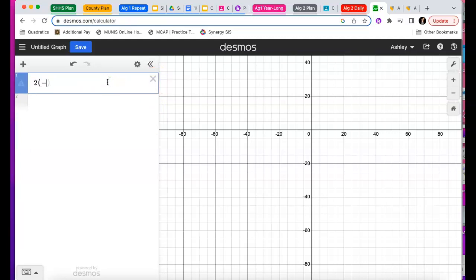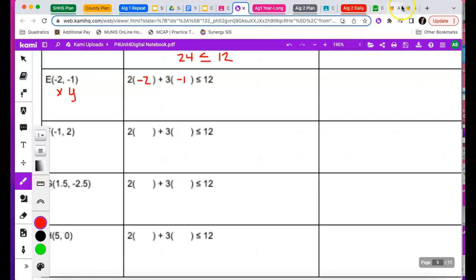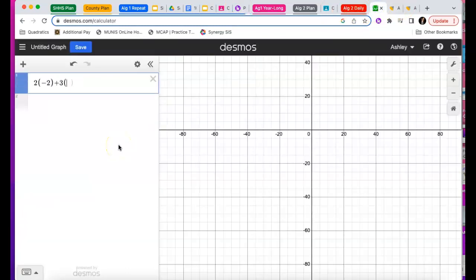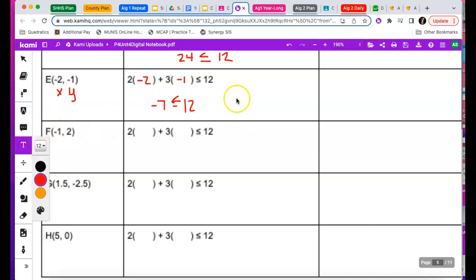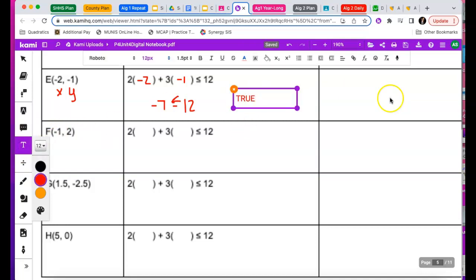So 2 parentheses -2 plus, and then we have 3 times -1. So that's equal to -7. So is -7 less than or equal to 12? Is it either of them? It is less than 12. It's smaller than 12. So this one is a true, which means yes, it is a solution.